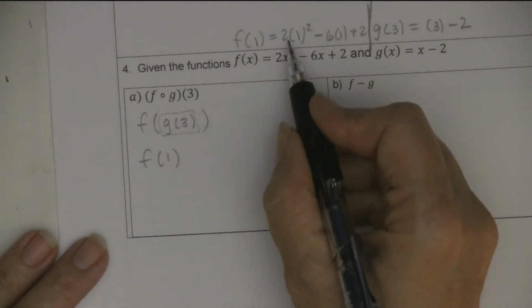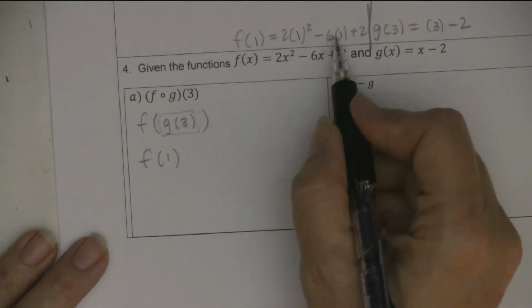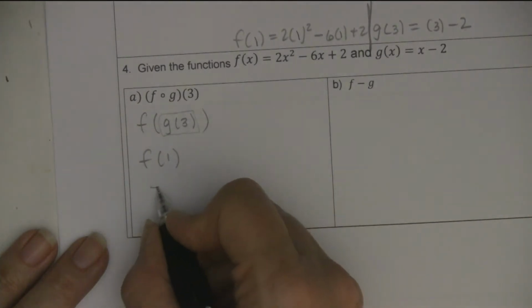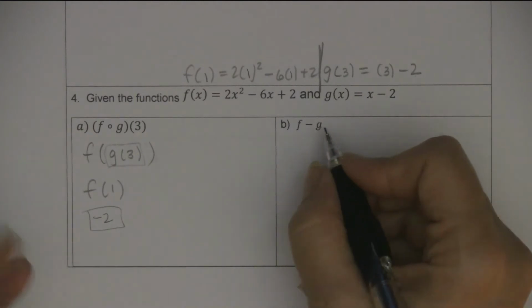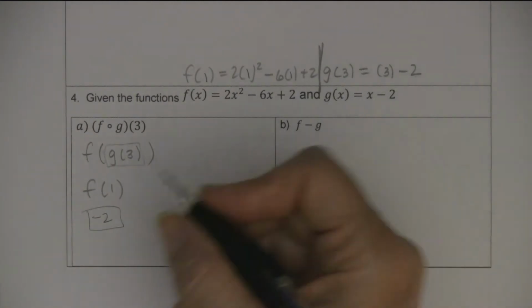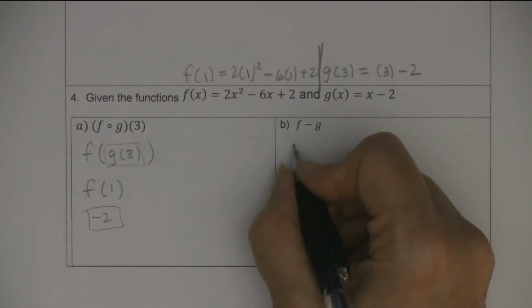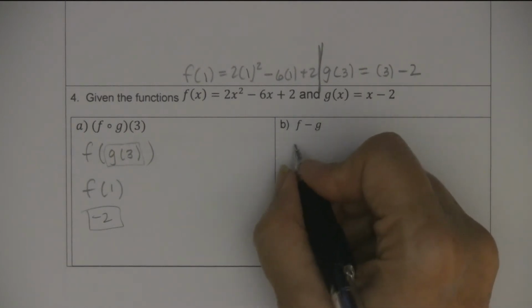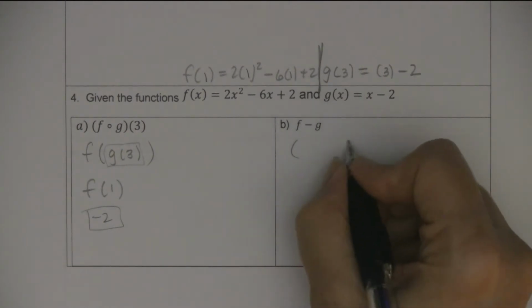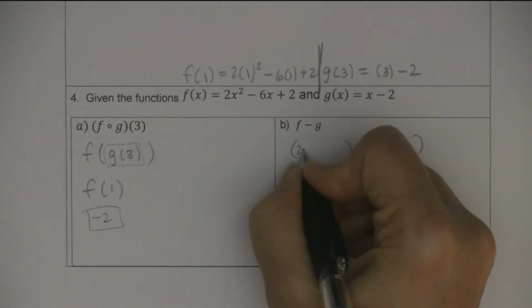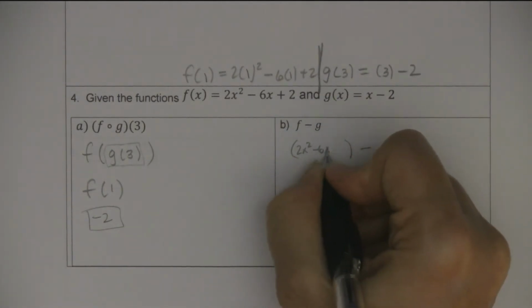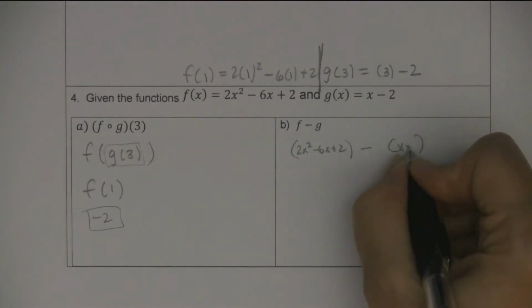So when you do that arithmetic, you get 2 minus 6 plus 2. I think that's minus 2. And so that's what we get there. F minus g, this is saying in general, not at a particular point like that one is. And when you're subtracting, you got to make sure that you use parentheses. So this is this minus this. So we have this for our f, 2x squared minus 6x plus 2 minus x minus 2.